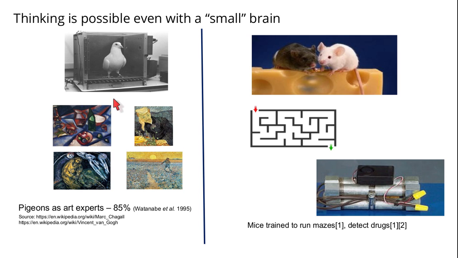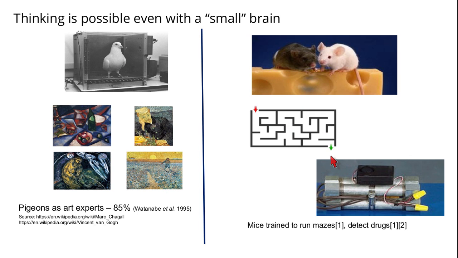So these paintings use dark colors and solid patterns, whereas these set of paintings are based on more textures and brighter colors. Now pigeons could be trained to identify and separate these two sets of images. Similarly, mice could be trained to run through mazes, and they could be trained to detect drugs.